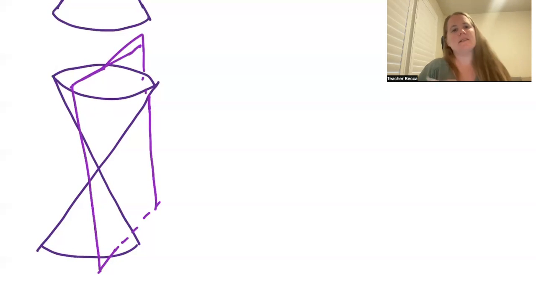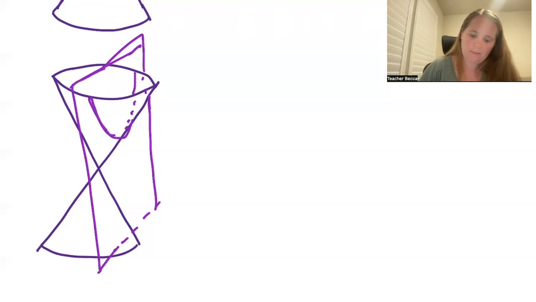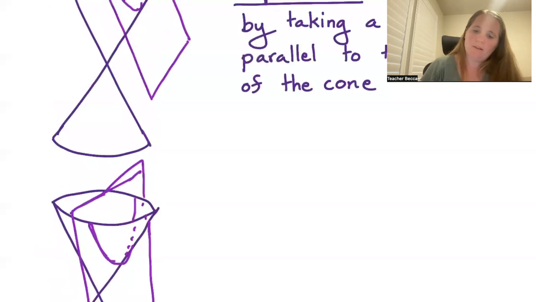So if we take this steep shape, then what we wind up getting is it kind of looks like a parabola up top, but it also gives us a piece in the bottom of the cone. So this is called a hyperbola.